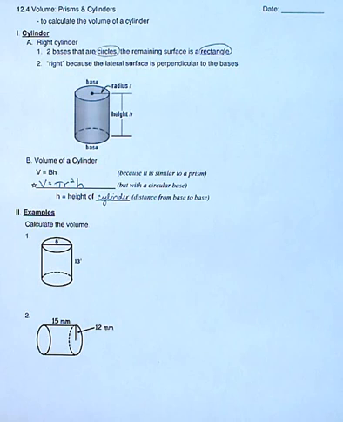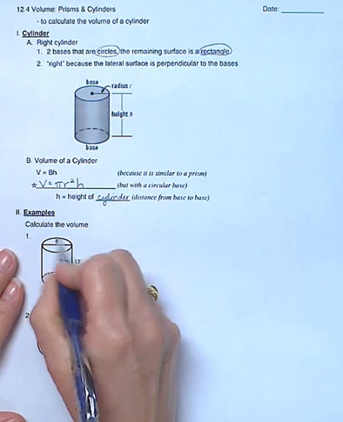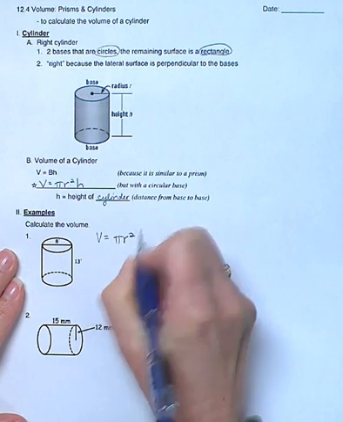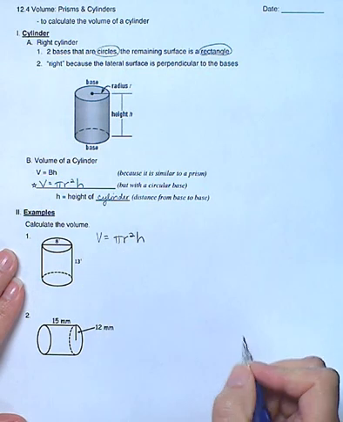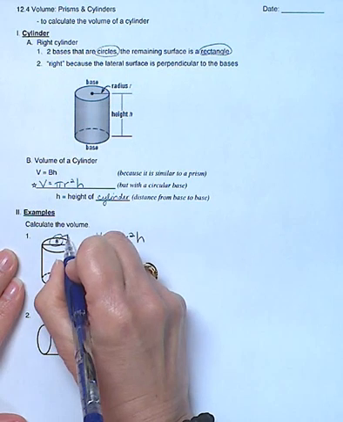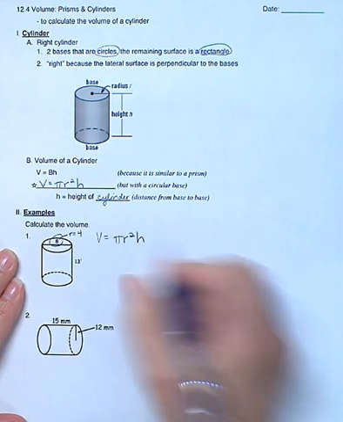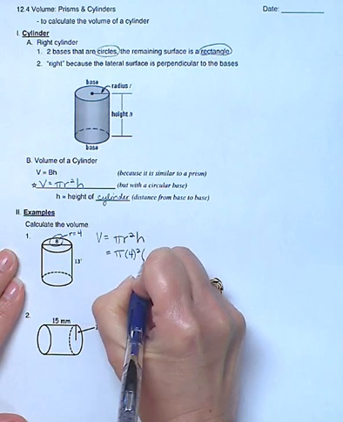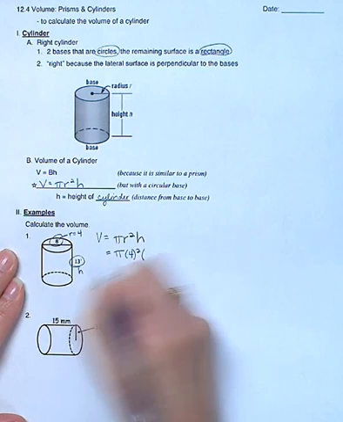So the volume of a cylinder is the area of the circular base times the height. Now this is a diameter, which means we're going to have to cut it in half to get a radius of 4. So we're going to have pi times 4 squared times our height, which is 13.